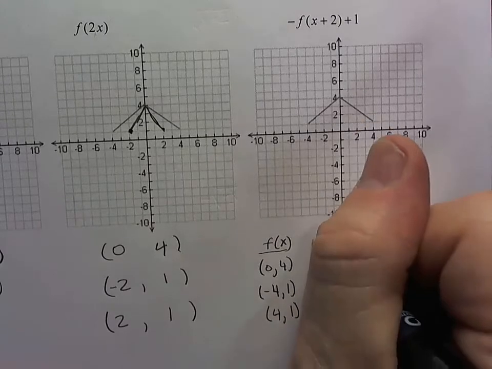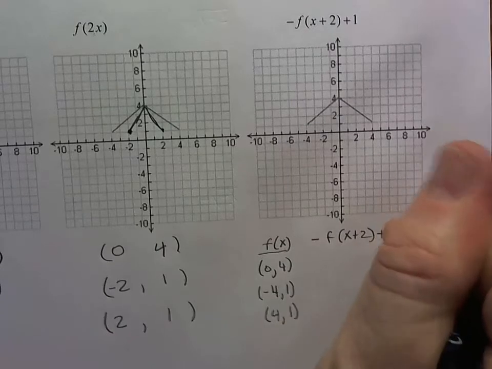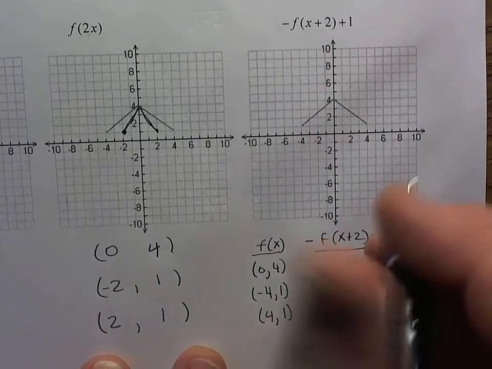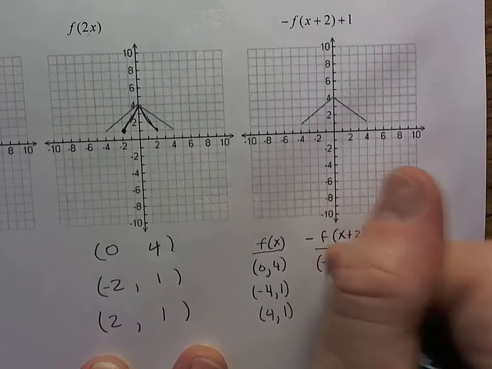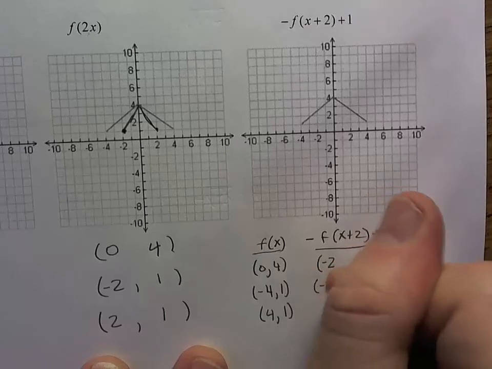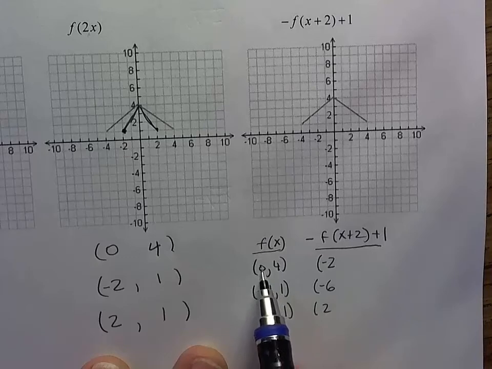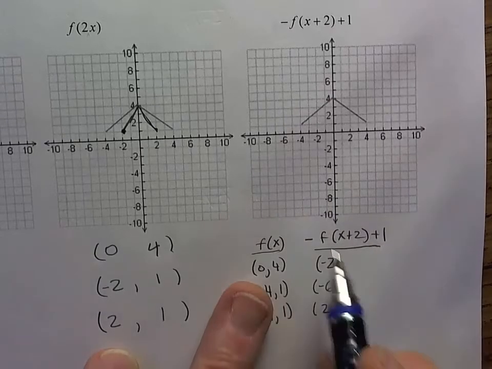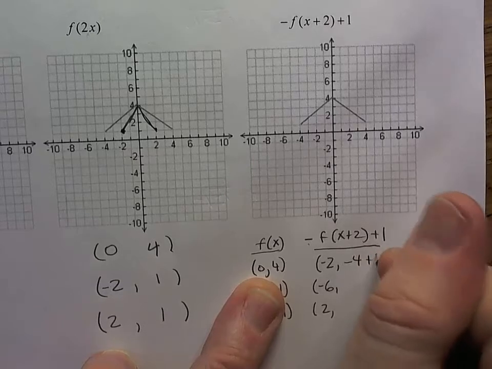And I want to look at, well, what happens when we have -f of (x plus 2) plus 1? Because there's a lot going on here. So here's what I want to do. As far as the x's go, I'm just going to subtract 2. See? All I did was took 2 away from each one of these x's. Now, as for the y's, I'm going to multiply by negative 1 and then add 1.